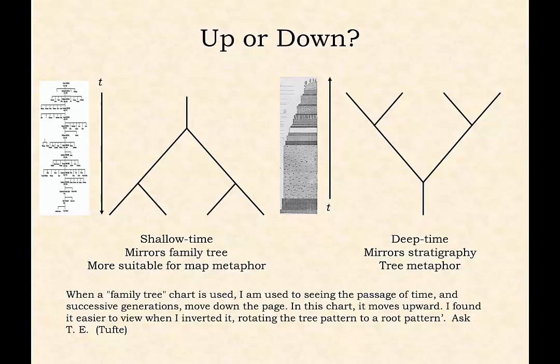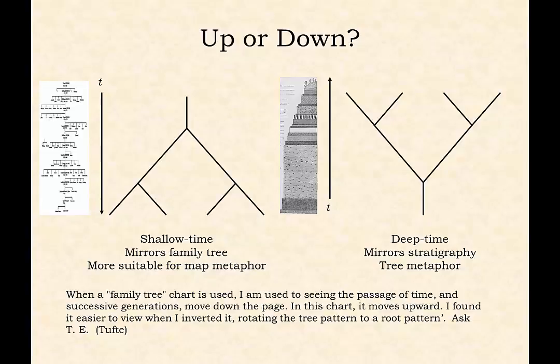Deep time, geneticists maybe draw trees that way. Geologists maybe draw trees this way, because I think they stand there an awful lot of time looking at cliffs where the youngest sediments are at the top and the oldest ones are on the bottom. So it's understandable that you draw your tree orientated to the thing you're interested in.